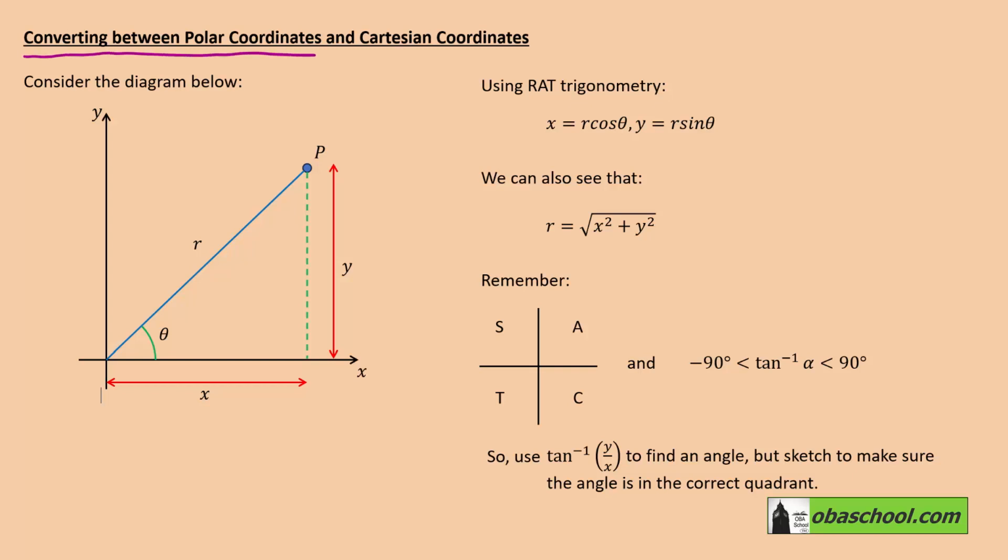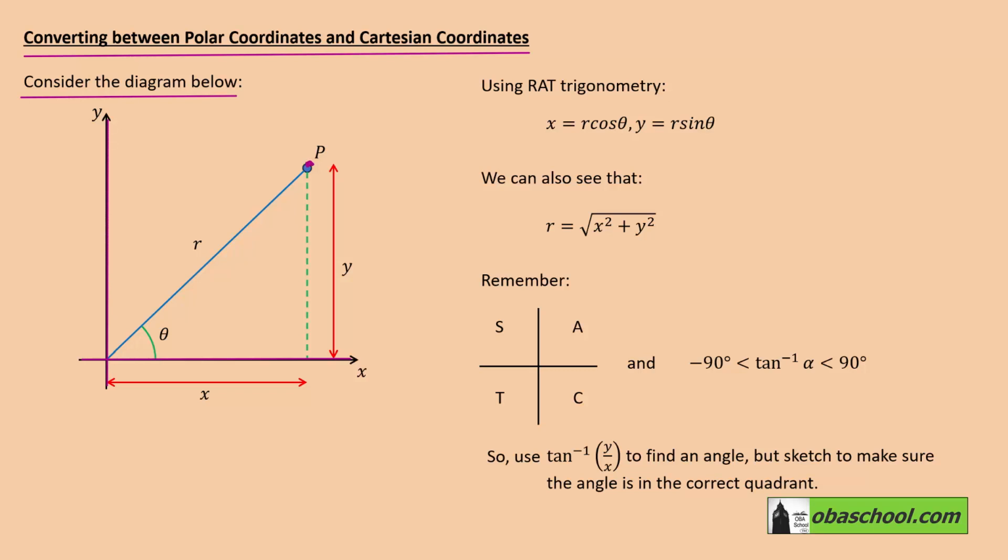Converting between polar coordinates and Cartesian coordinates is an important skill when working with polar coordinates. Consider the diagram below. You can see that we have an x-axis here and a y-axis here.